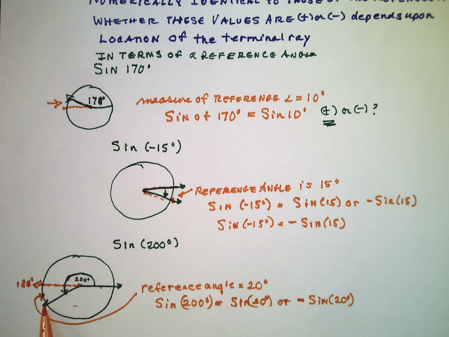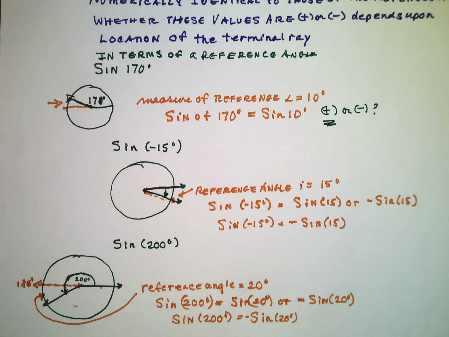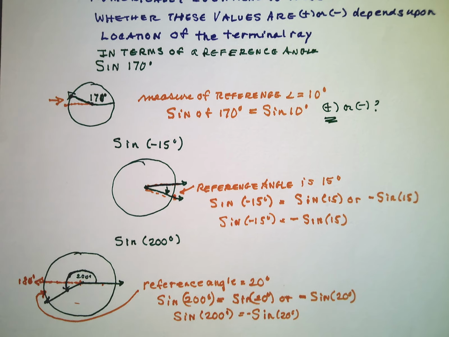Well, we are down here below center, down below the origin. So in this case, the sine of 200 is going to equal the opposite of the sine of 20 degrees. We could also tell about the cosine. Cosine of 200 is going to be the same as the cosine of 20, positive or negative. Down below center here, it would be negative.